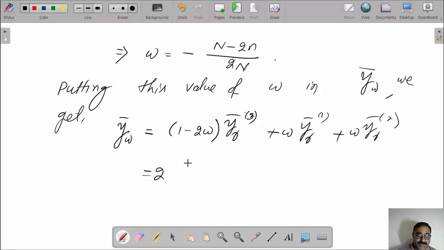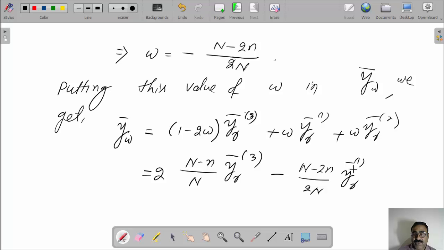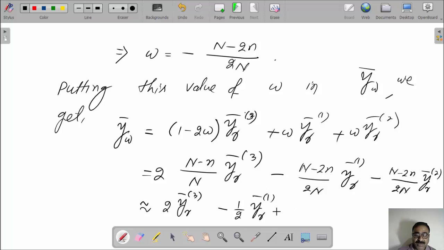So that is equal to (2N minus n) by N times y r bar 3 minus (N minus 2n) by 2n times y r bar 1 minus (N minus 2n) by 2n times y r bar 2. This is approximately equal to 2 y r bar 3 minus 1 by 2 y r bar 1 minus 1 by 2 y r bar 2.